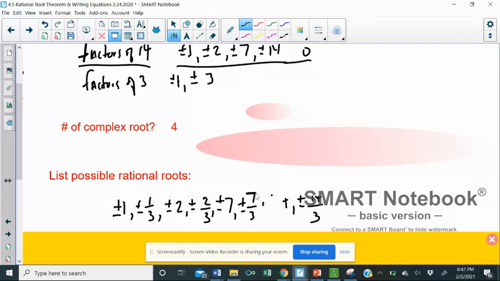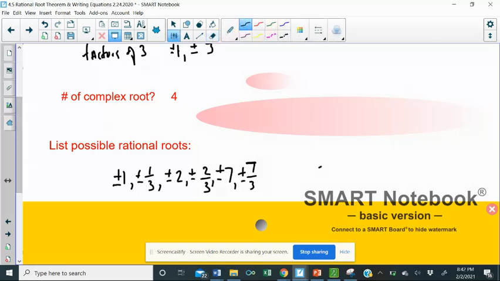And then we have plus or minus 14, right? Sorry, you guys, let me just erase this because it's a mess. Someday we'll get rid of this little thing here. Plus or minus 7/3, plus or minus 14, plus or minus 14/3, and 0. Those are all our possible rational roots, all right?